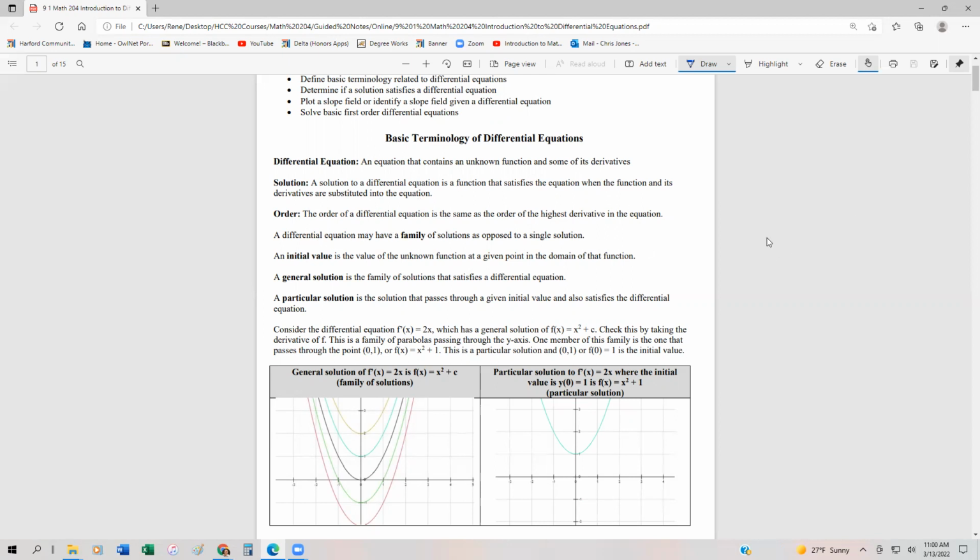Again, we'll see that when we look at a picture of both a family and a single solution. The general solution is going to be that family, basically all the possible solutions of a differential equation. And finally, a particular solution is one member of the family, and it passes through the point given by the initial value.